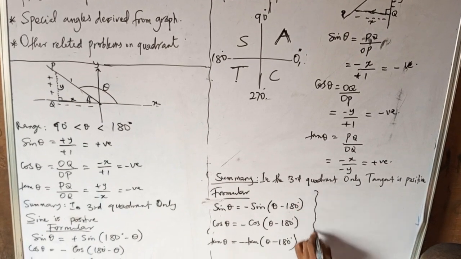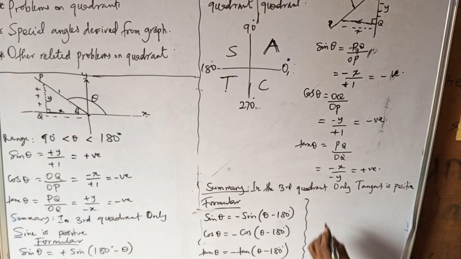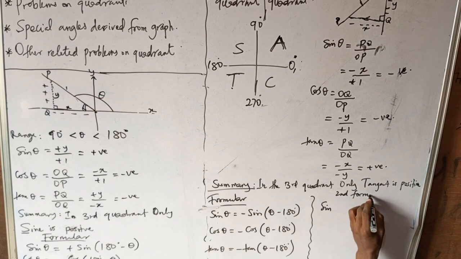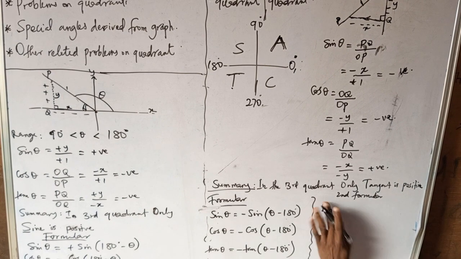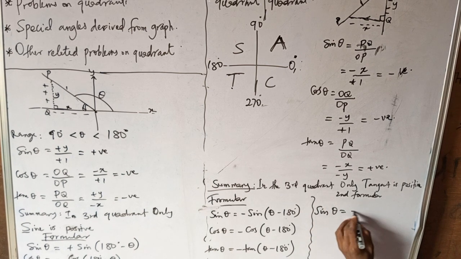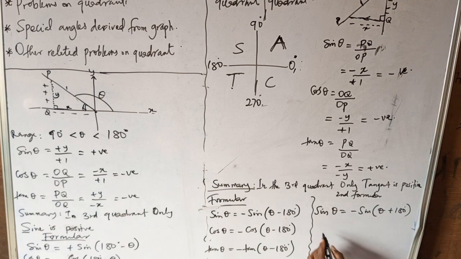The second formula is this, but we use them in different scenarios. We don't use them in the same state. So sine theta equals minus sine into theta plus 180.